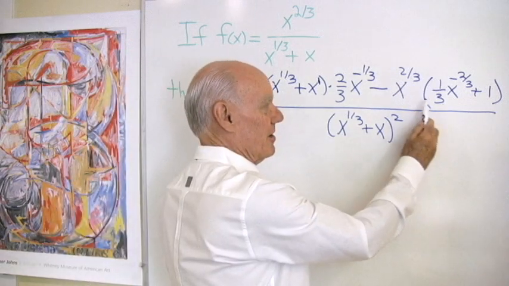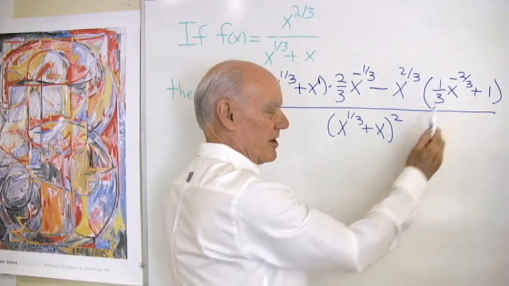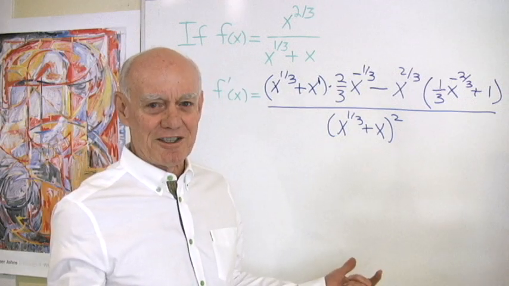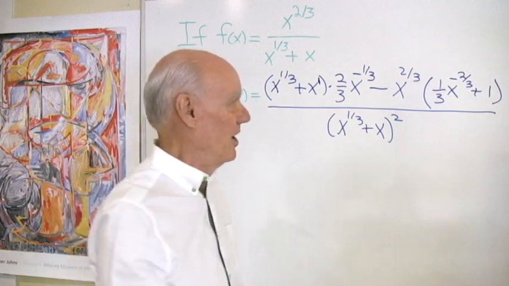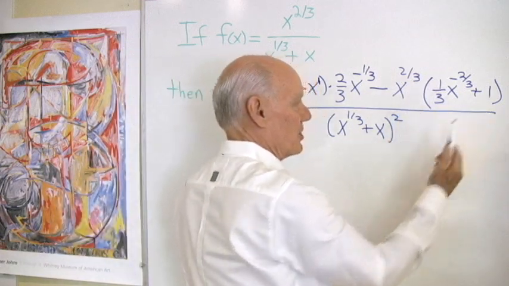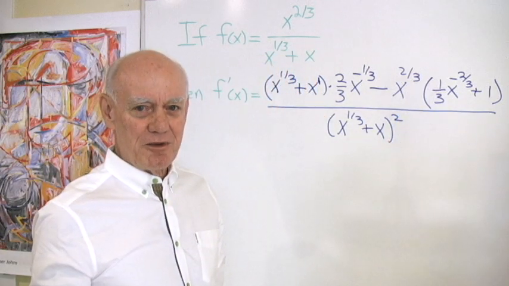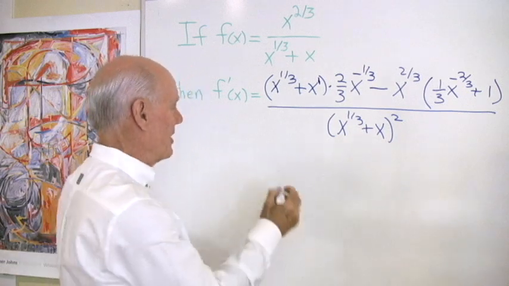What happens over here? x to the 2/3 times x to the negative 2/3. Again, the exponent is 0, so I end up with x to the 0, which is 1. And then x to the 2/3 times 1. Maybe that's not too bad. So let's take a look and see what we get here.